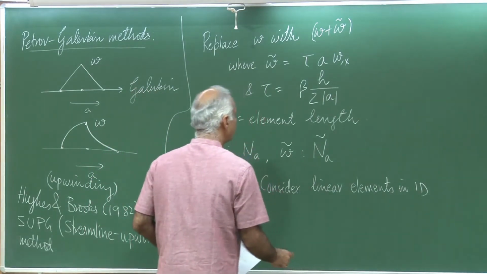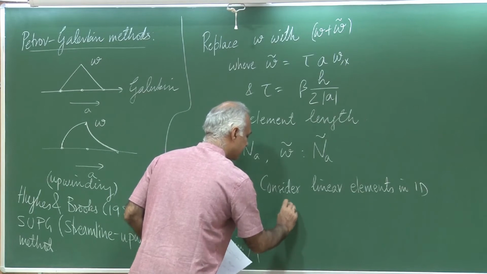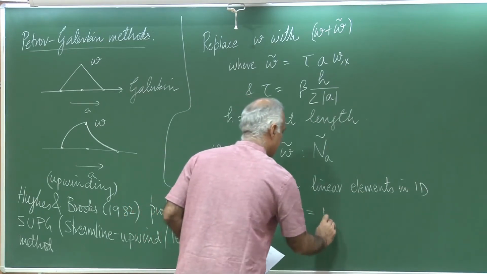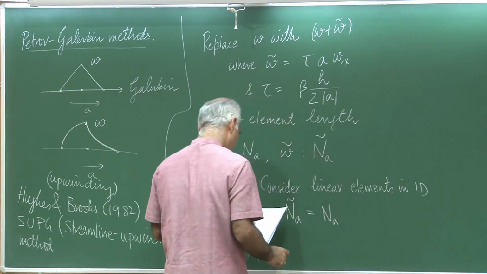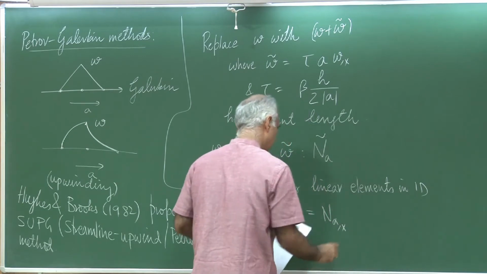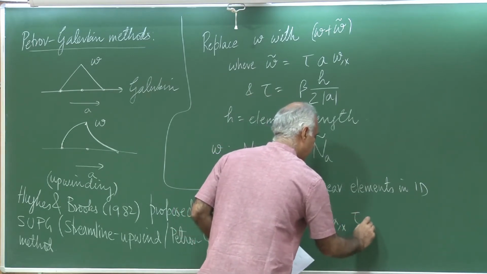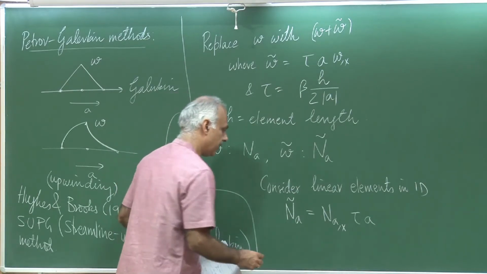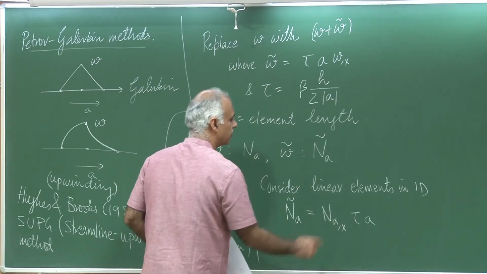So, what is being proposed is that NA tilde is given as NA comma x times tau times A. Okay. Now, we already know what tau looks like.